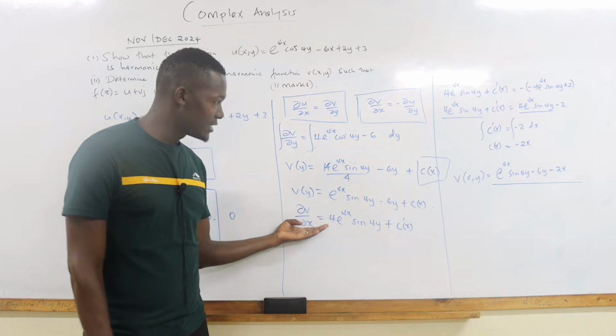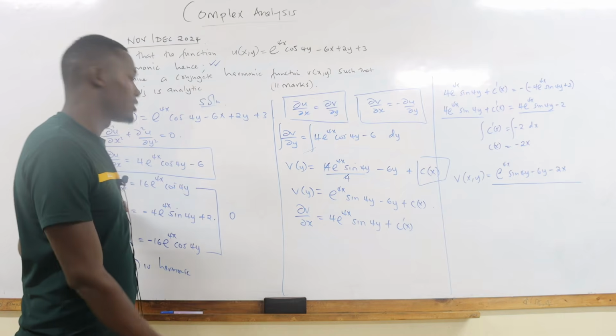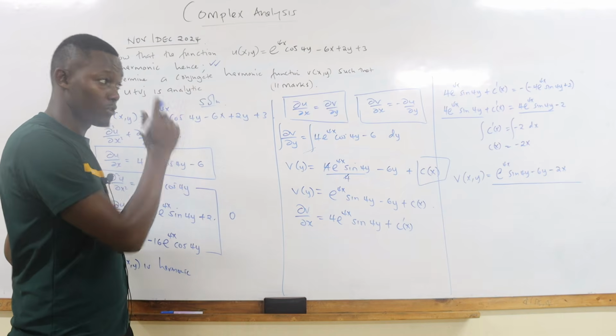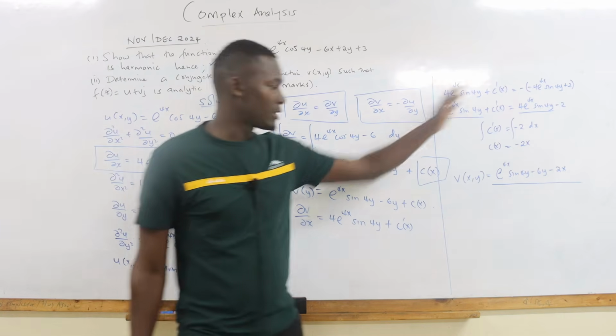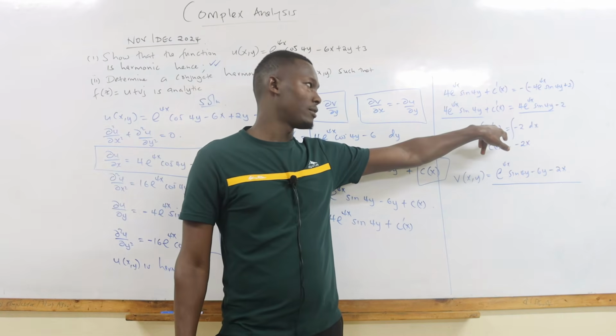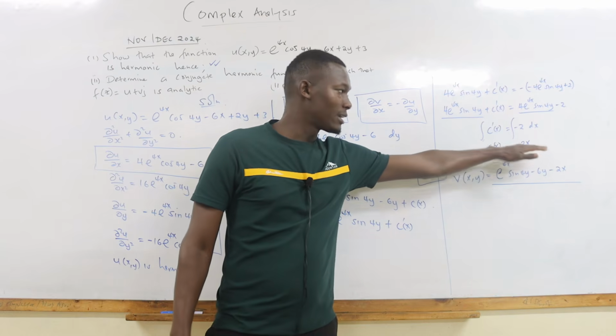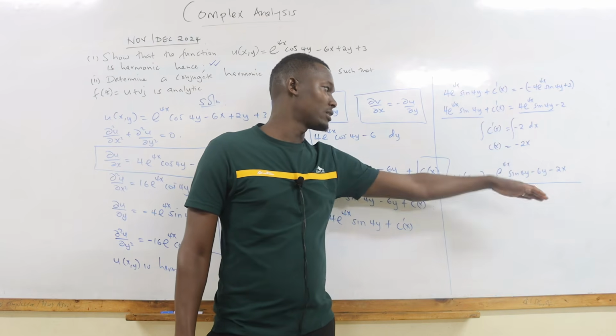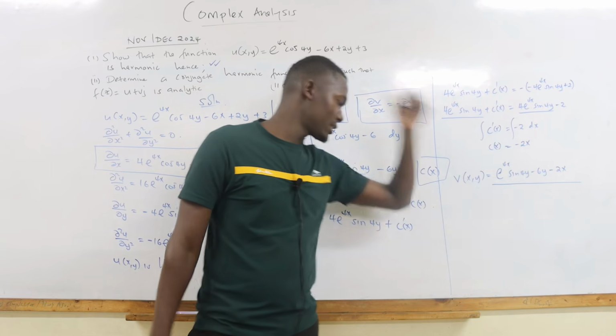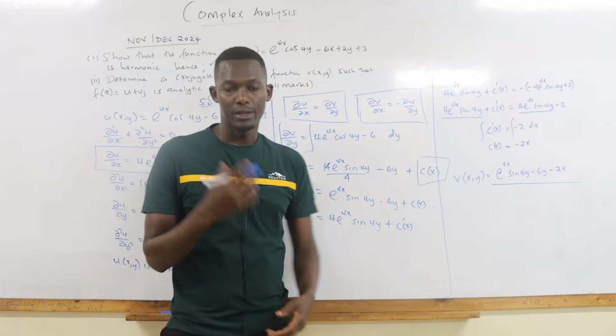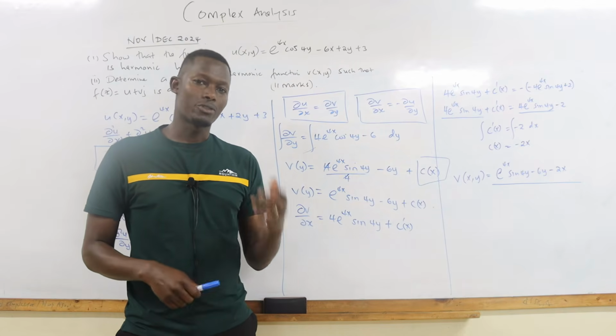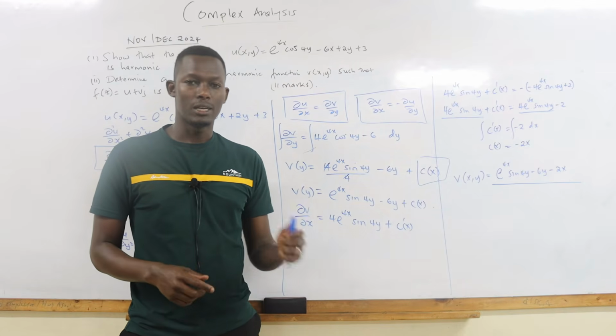Then compare dv dx with what you have as negative of du dy. From that point, you get your c prime x, then integrate it, and you now replace your constant in the function that you have. So thank you and see you in the next lesson.